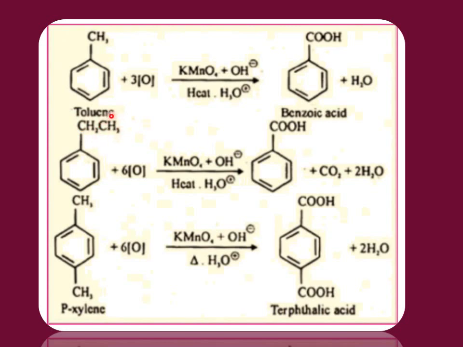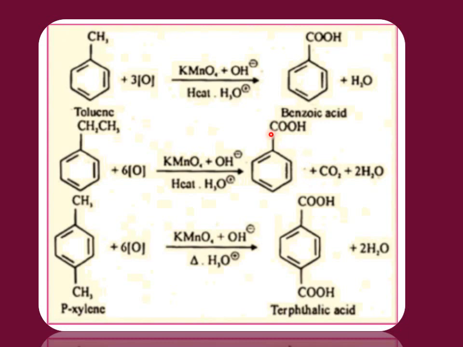Now students, the second CH2 group will oxidize in the same manner into CH2OH, then aldehyde, then acidic group. But after COOH, it is not going to convert into carbon dioxide because now this carbon is attached to the carbon of benzene, and benzene is not going to compromise this bond because it would compromise its stability.